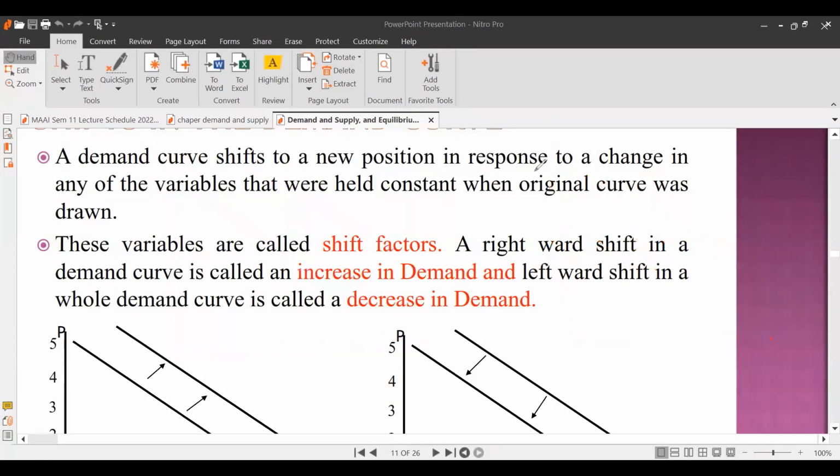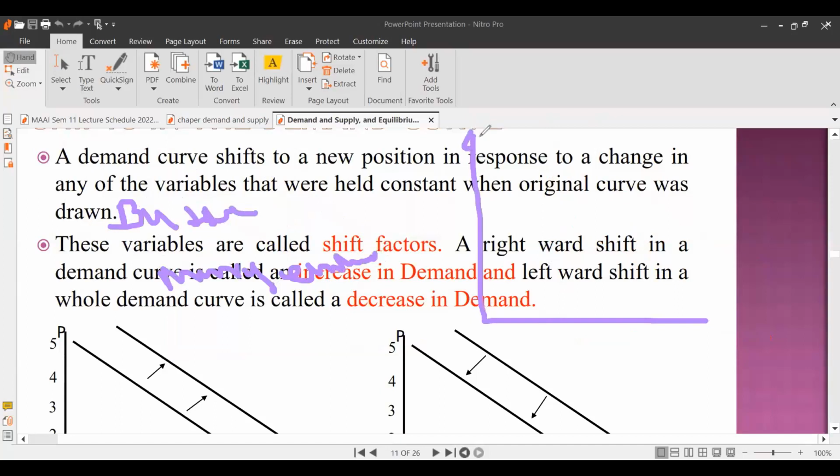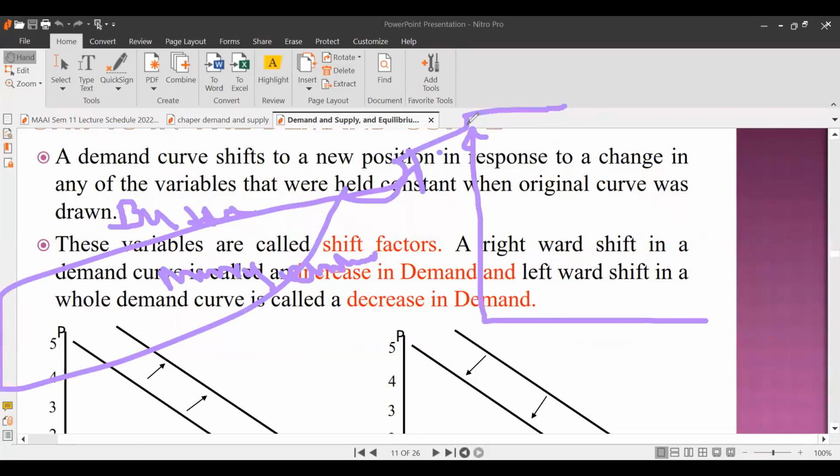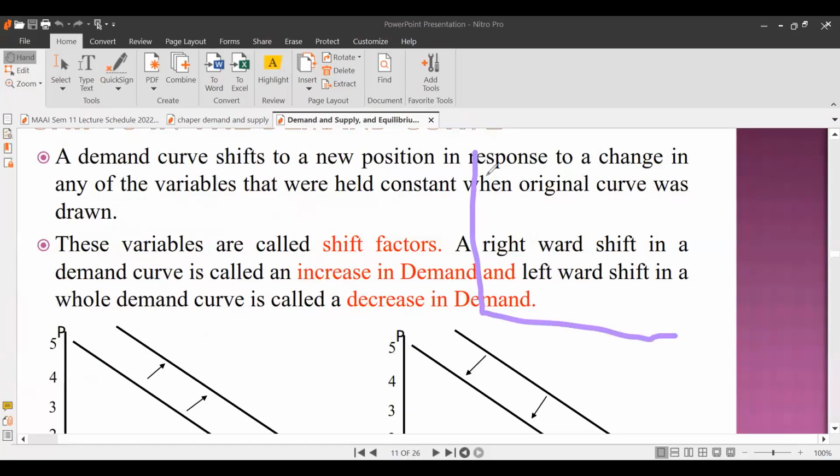If we consider butter and margarine, here we have the butter price and quantity.